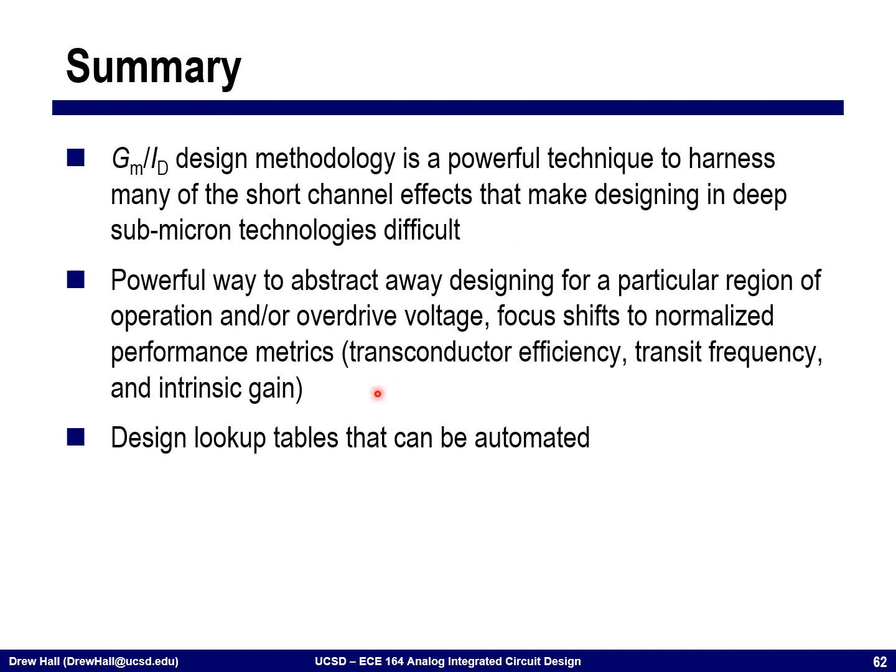This is a very powerful technique to abstract away things like what region of operation, what overdrive voltage, and instead we shift the performance to normalized metrics, things like the transconductor efficiency, the transit frequency, and the intrinsic gain of the device. And then lastly, one of the most powerful things about this is that we can automate the lookup tables and incorporate them into design flows.